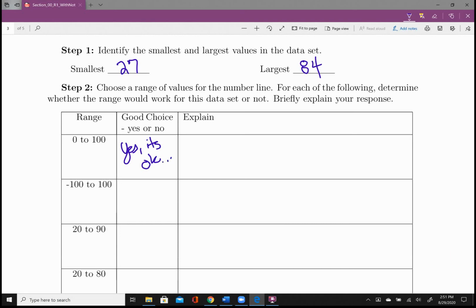I would recognize that it will spread out the data pretty nicely, but there's going to be extra bits of blank space on either side of the smallest and largest values that are plotted. So I'll say in my explanation, this range will span all the data and space it out well, but there will be blank space.